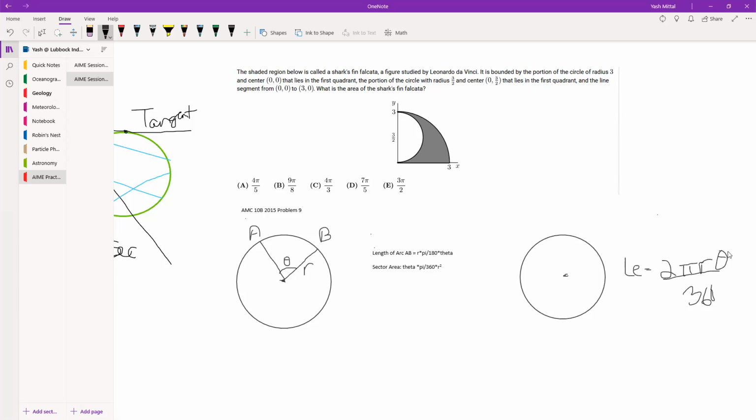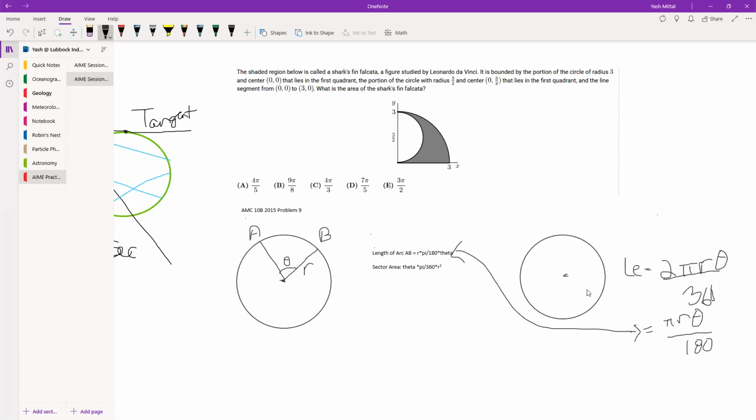So you can figure out the length of an arc just based on 2 pi r times theta over 360, which is equal to pi r theta over 180. Notice how this equation is the same thing right here.